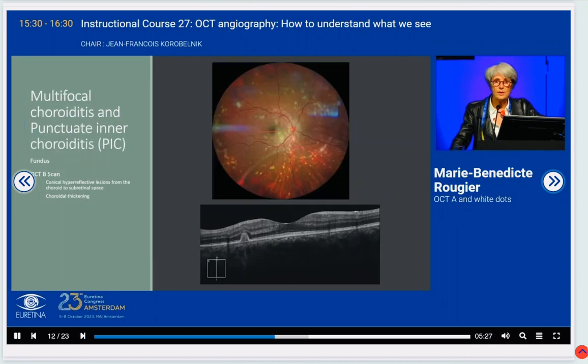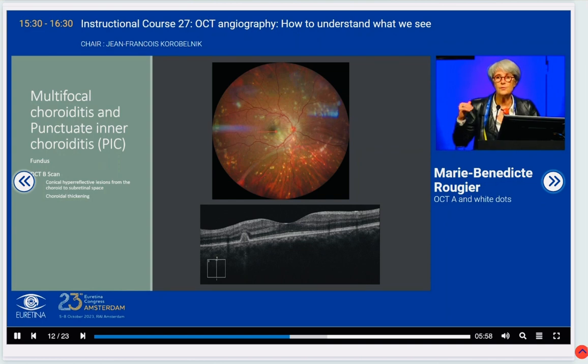Let's go now with multifocal choroiditis and punctate inner choroiditis, which are two different presentations of the same disease. And here, this is a typical case of what we are used to call multifocal choroiditis. And you can see on the photo that there are numerous lesions, and some of them are already old and scarred, and others are new.